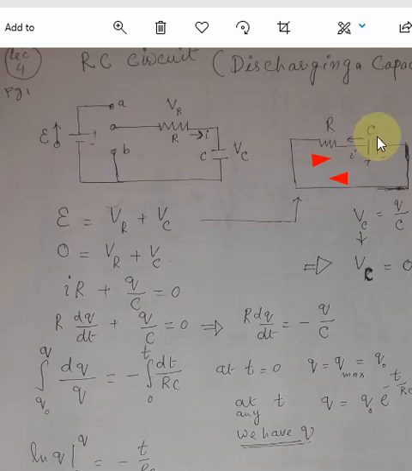The voltage drop is negative, so we will have VR minus Vc equal to 0, and again this will give us Vc equal to VR. So it doesn't matter whether we traverse the circuit in this direction or in that direction, both the traversal directions will give us VR plus Vc equal to 0.